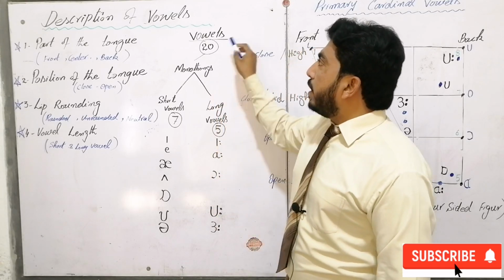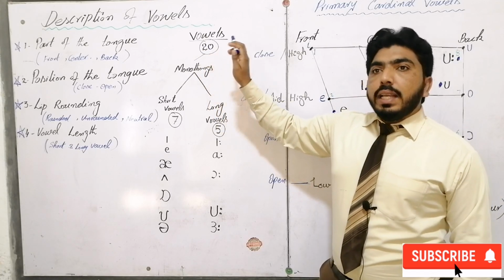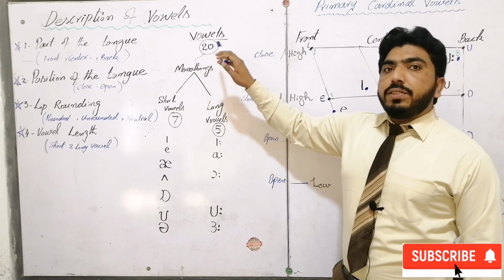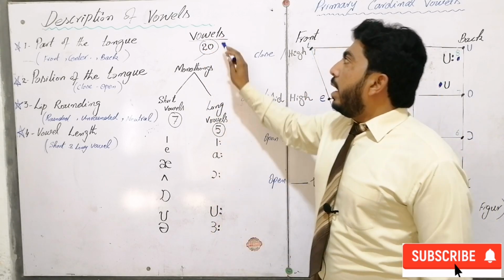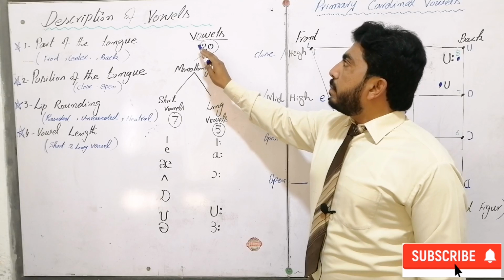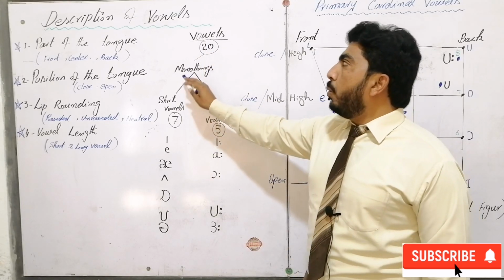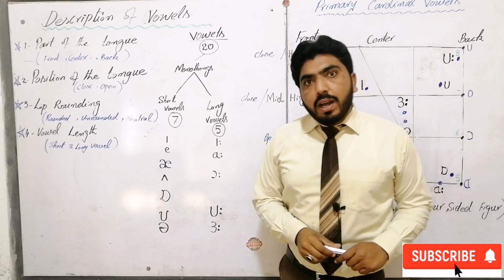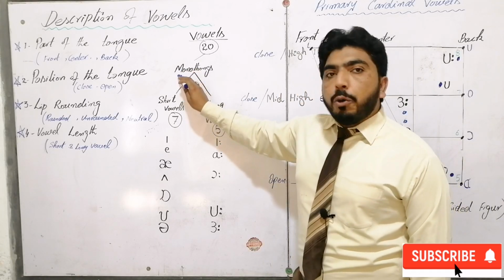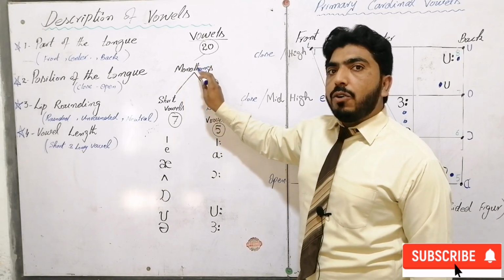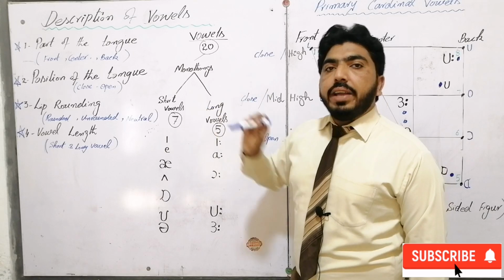Vowel sounds are further classified. There are 20 vowels in the English language in received pronunciation or the BBC accent, and those vowels are further classified into two types, monophthongs and diphthongs. In this video my focus will be on monophthongs. Mono means single, thong means sound, meaning a single sound which does not glide.